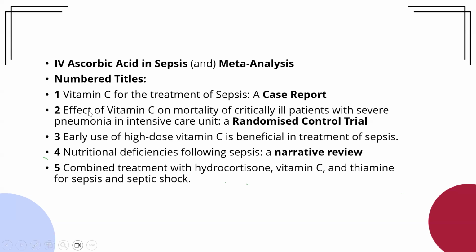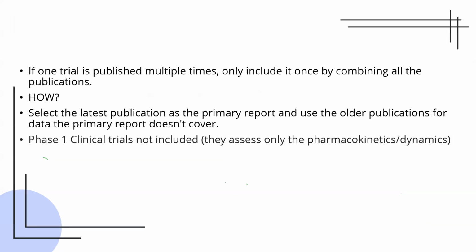So in primary screening, I will include this because it's an RCT and it is dealing with vitamin C and critically ill patients. Then we have combined treatment with hydrocortisone, vitamin C, and thiamine. I will also include this in my primary screening because it is dealing with vitamin C and septic shock. So I will also go for including it. So you just have to keep your PICOs in mind. If the word has vitamin C, your intervention, your population, sepsis, and it's an RCT or a cohort, you will include it in your primary screening.